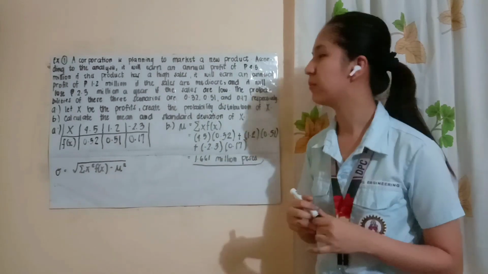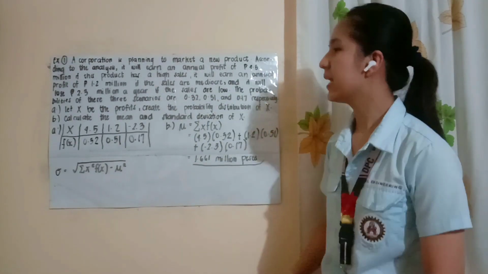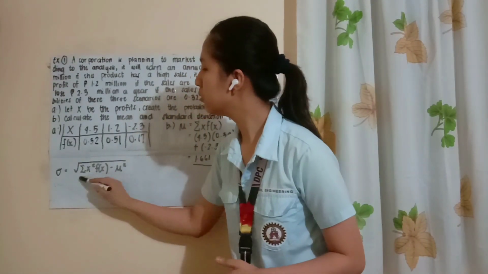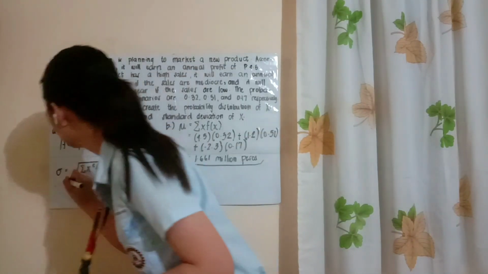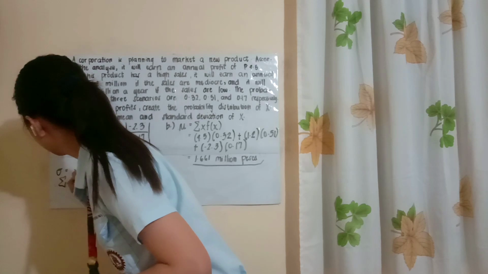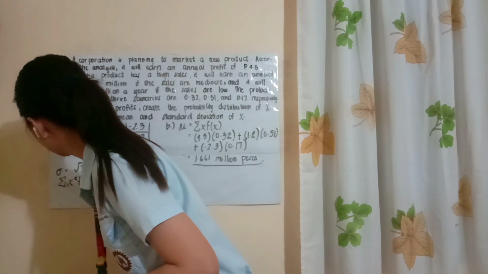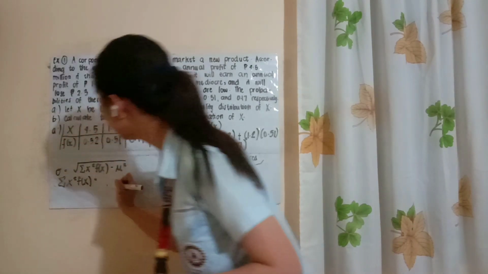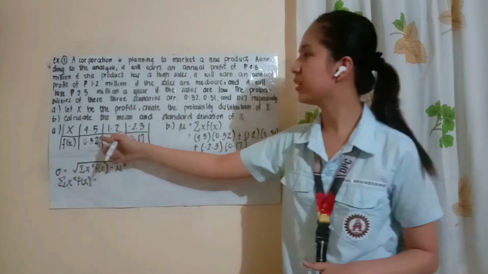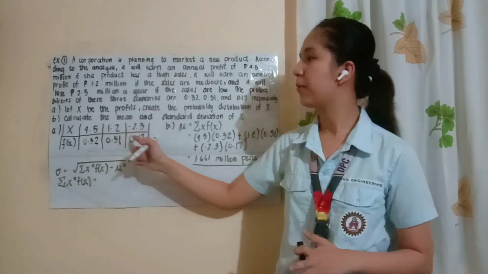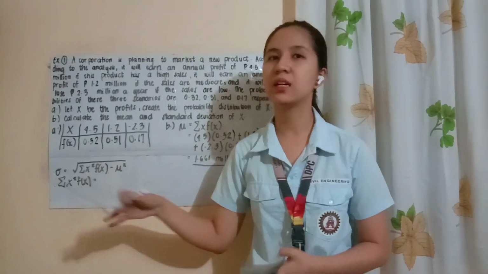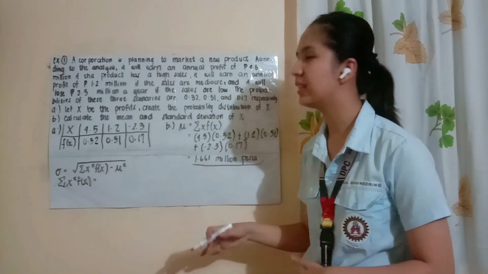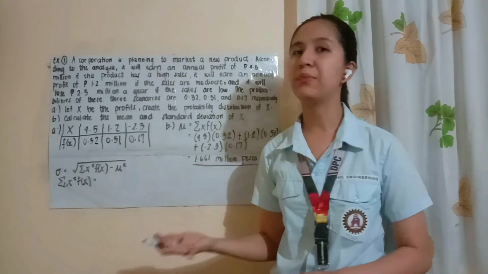But before anything else, let's get the value of the summation of x squared times f of x. To get that, we square each value of our random variable x, multiply it by its corresponding probability, and take the sum of all of them.